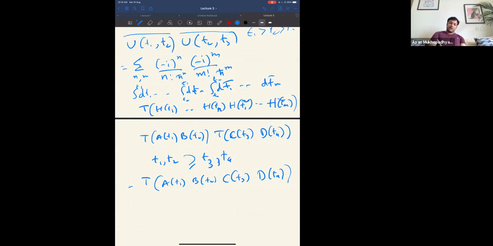And now we can do another trick. Here T1 to Tn runs from T2 to T1, and here T tilde 1 to T tilde m runs from T3 to T2, right? That is what it runs from. But then I could just take all of them from T3 to T1, because it doesn't matter, as the time ordering symbol again would take care of it.